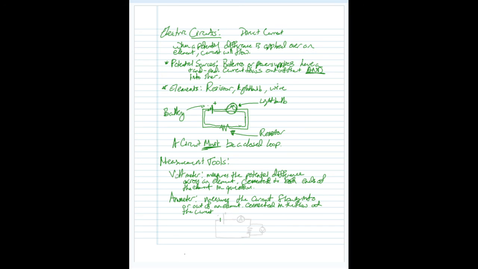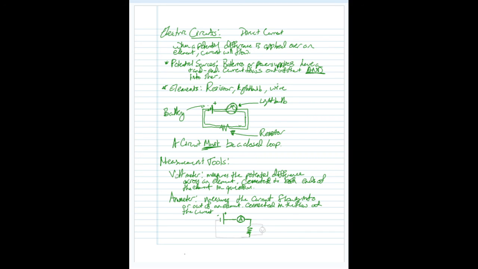So if we have our simple circuit here, there's our battery, positive end, negative end. We have a wire, and I want to measure the current coming out. I will need to put my ammeter directly there. I want that current flowing straight into one side of the ammeter and out of the other. And then the current flows through a resistor.